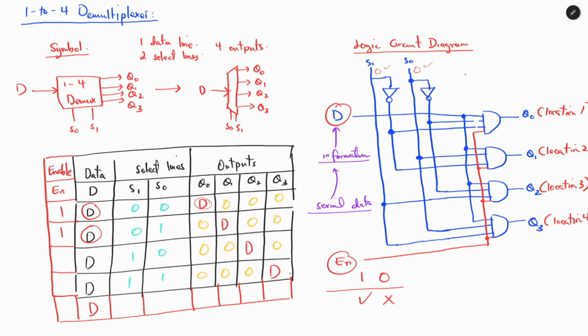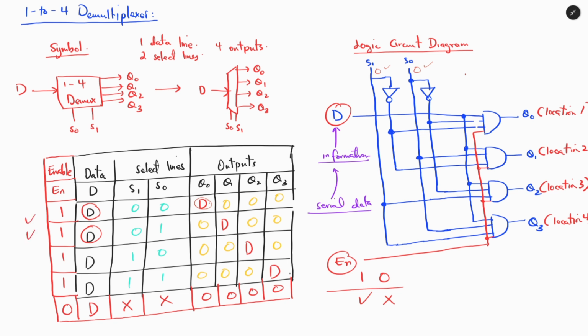If the enable is 1, then the data will be available at each of these outputs. However, when the enable is 0, we don't care about the data and we don't care about the select line. All of the outputs will be 0, because when we apply 0 to each of these AND gates, all of the outputs will be 0.